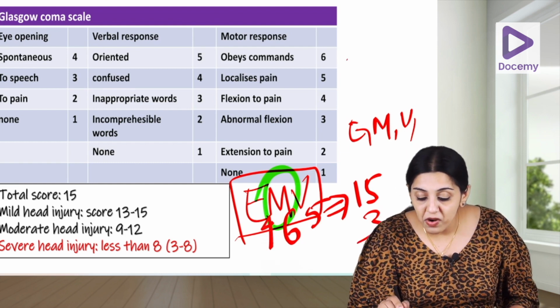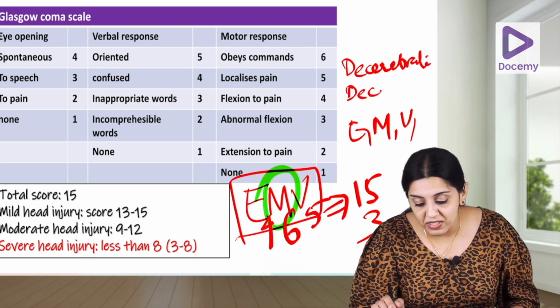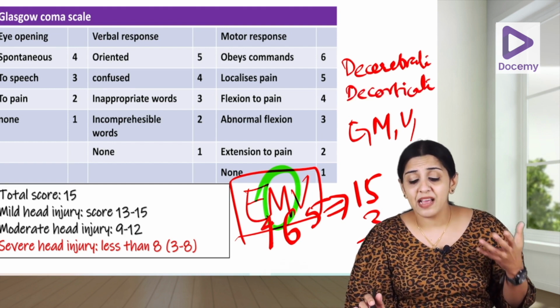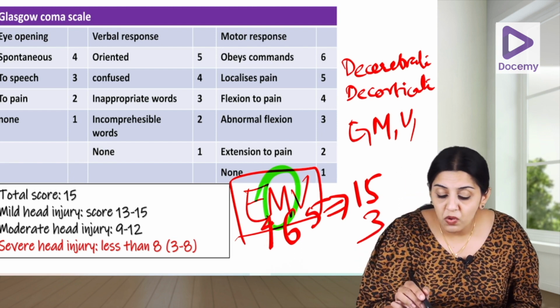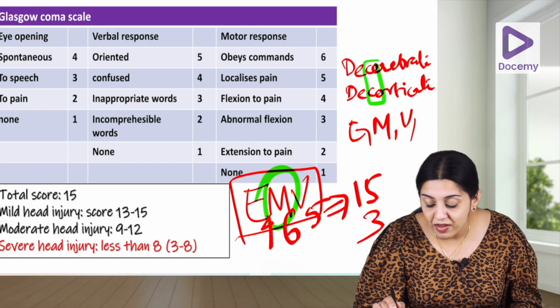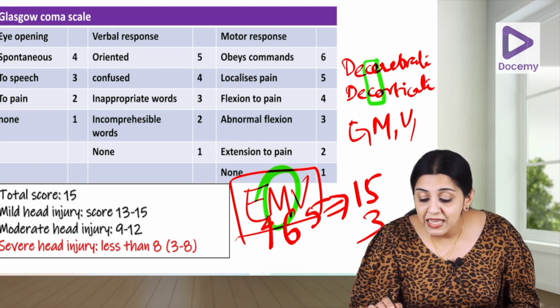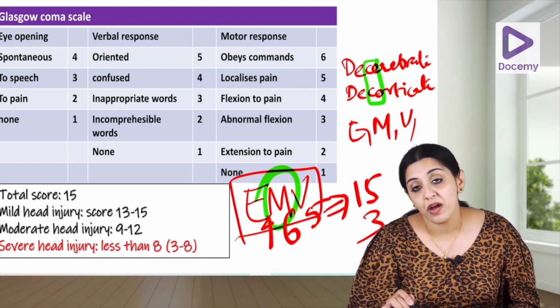So there is something called decerebrate rigidity and decorticate rigidity. For a long time I had problems remembering this. Then I realized that if you follow the alphabetic order in the spelling, CE comes first and CO comes next.